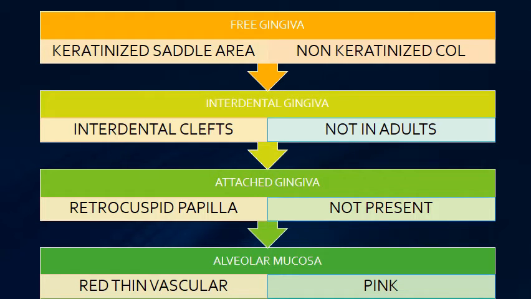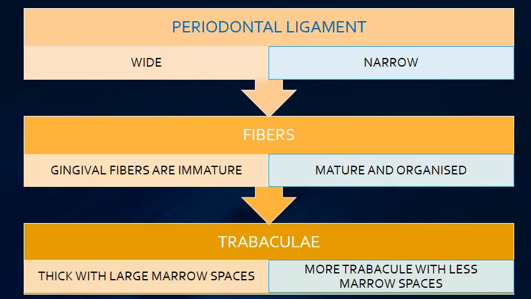The retrocuspid papilla is there, and the alveolar mucosa is red, thin, and vascular. White periodontal ligament, gingival fibers are immature, and the bone trabeculae are thick with large marrow spaces.